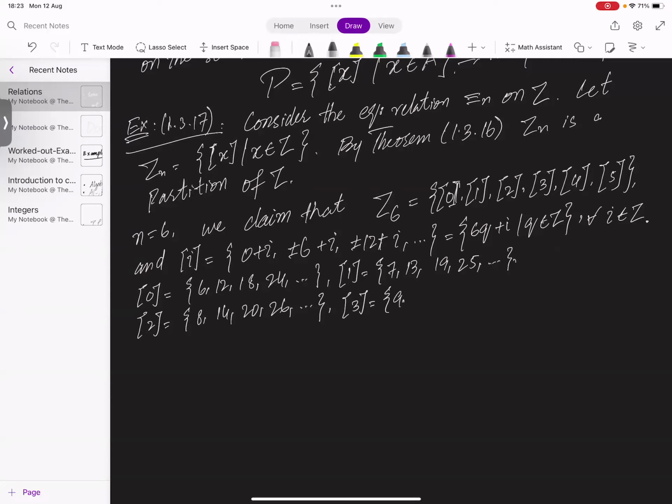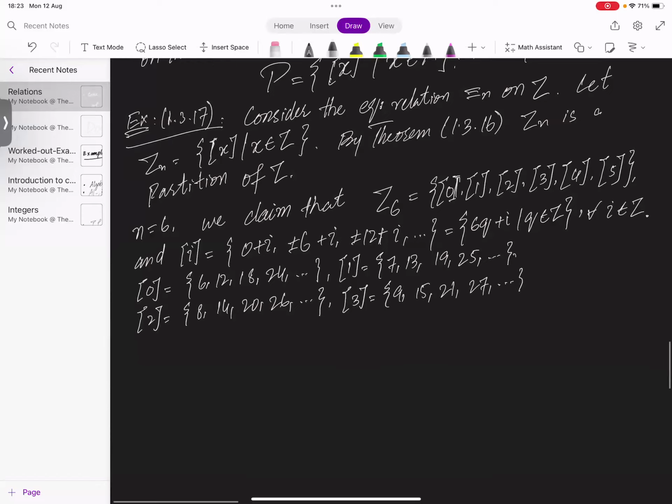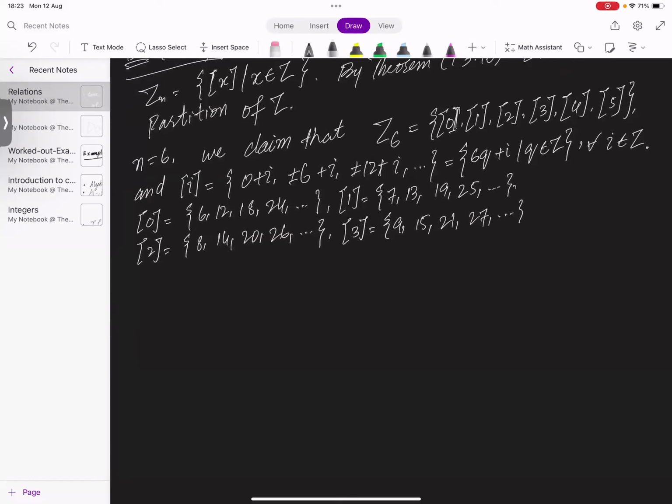Similarly, for remainder 3, it is like this: 9, 15, 21, 27, and so on. And then you can write for 4, that is 10, 16, 22, 28, and so on.